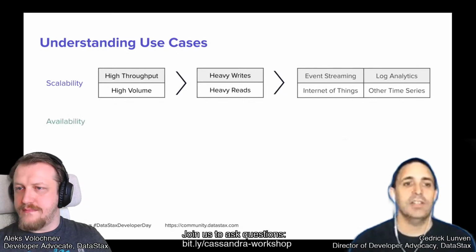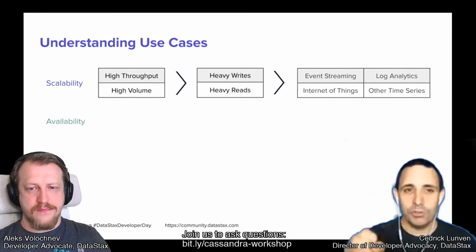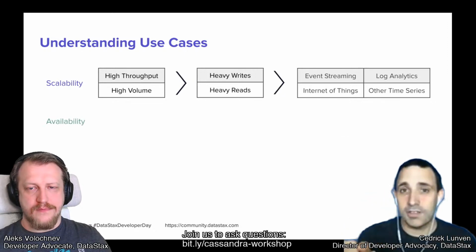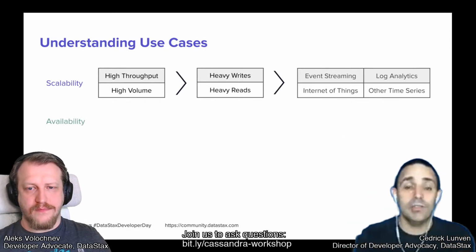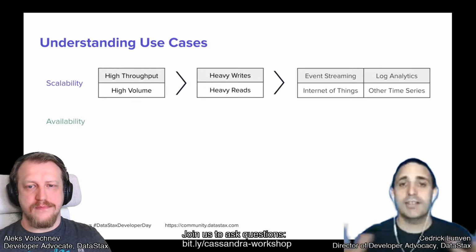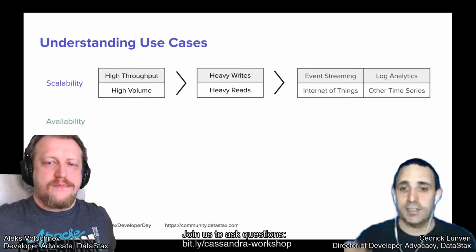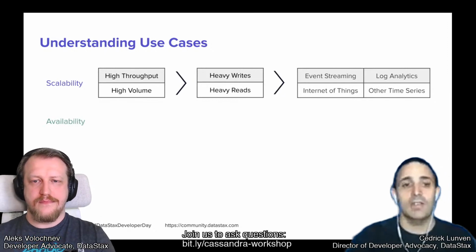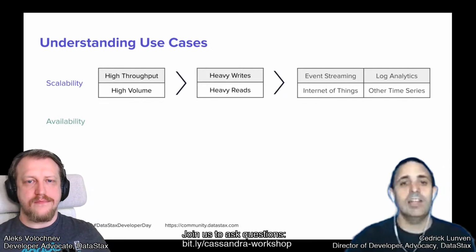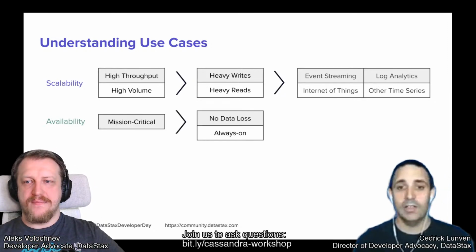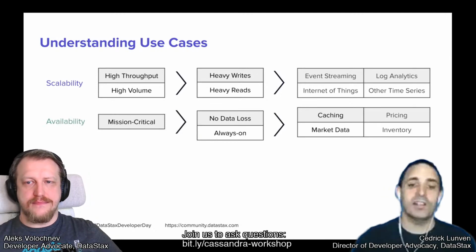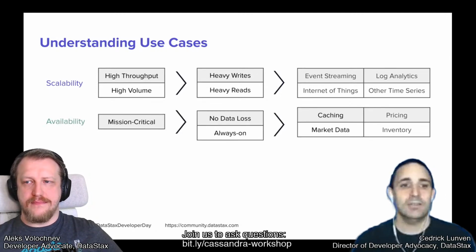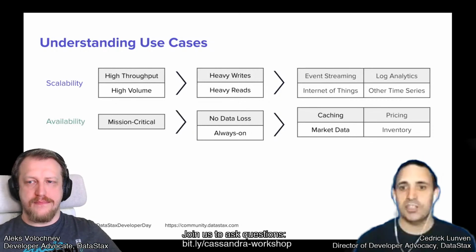The second range is availability. I told you, you cannot lose any data. You lost a node, it's not a big deal. The node comes back, self-healing, and the system is still responsive. So mission critical, no data loss, and always on. This one covers most use cases, to be honest. But why not caching, distributed caching? Why not?